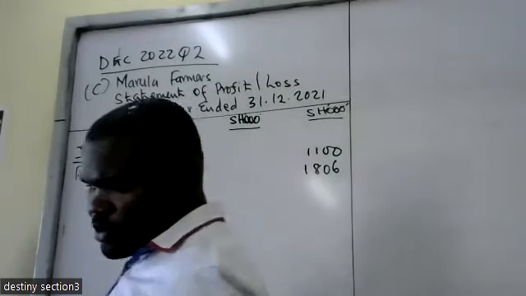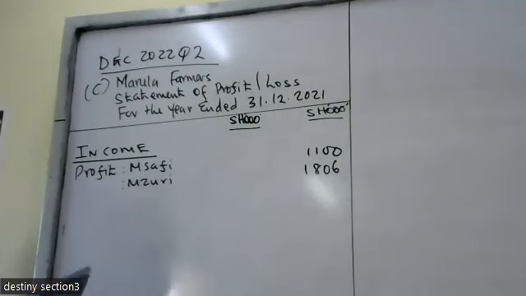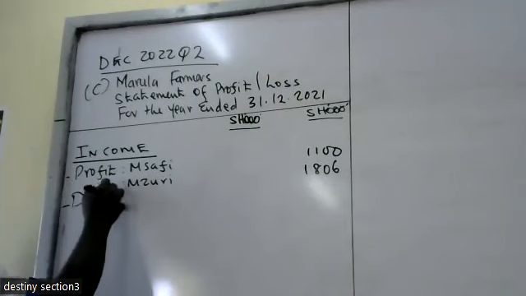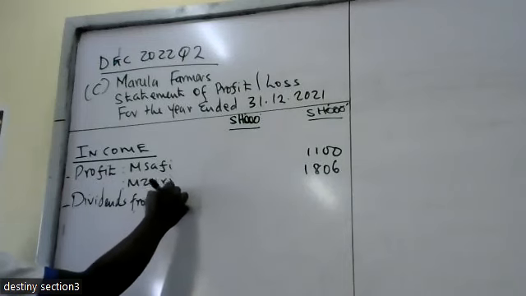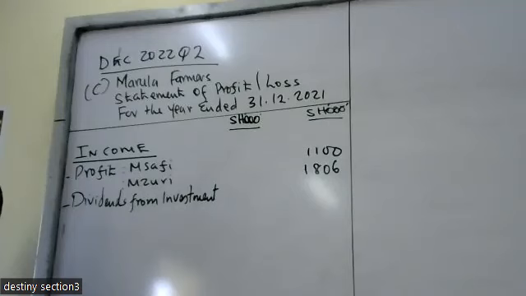So from top, people can be able to see dividends from investments. You see that? Dividends from investment. That is how much?